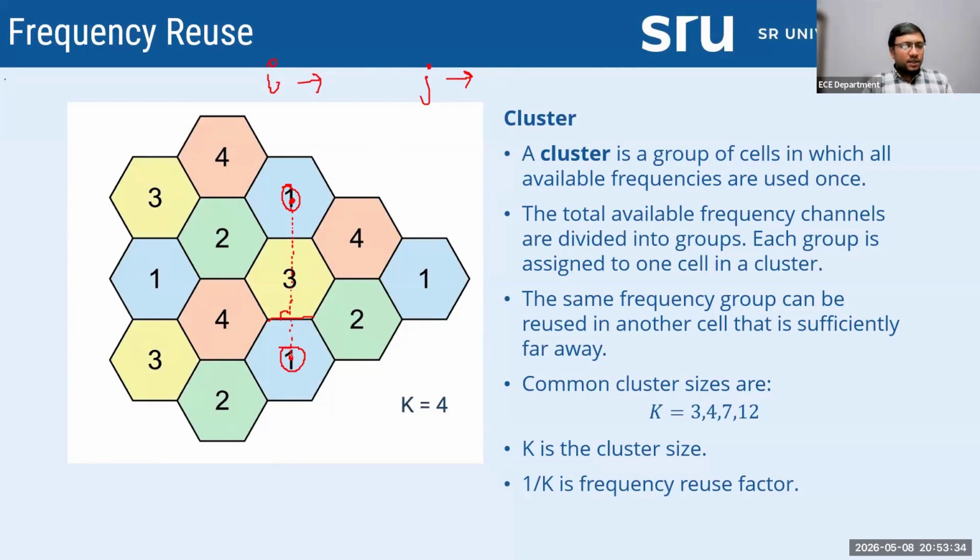Now my question is, how many cells have I traveled in this line? If I have started from the center of the cell, how many cells am I passing through? First, here I am passing half of the cell, so 1 by 2. Here I am passing one full cell, so this is 1. And here again half a cell, 1 by 2.